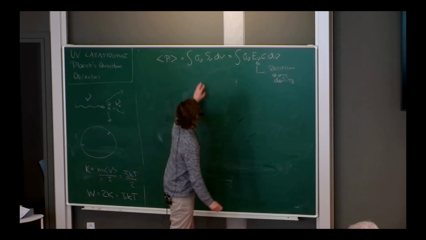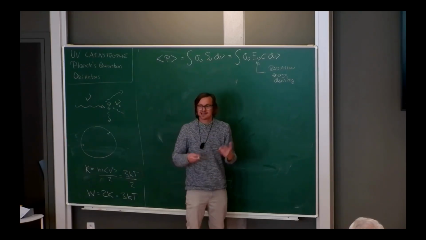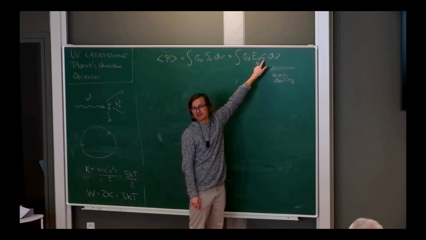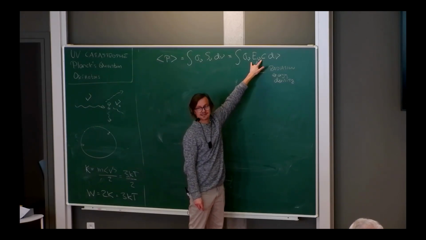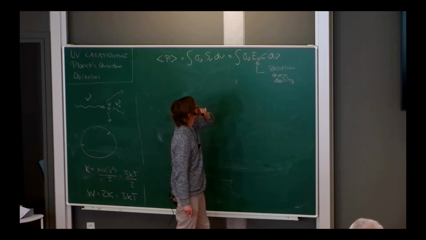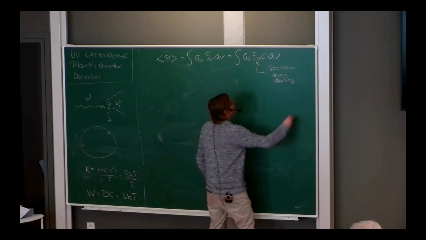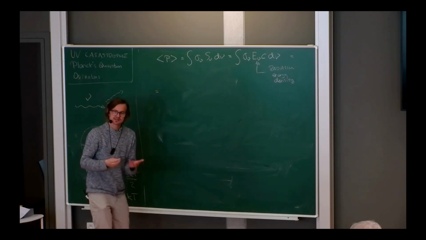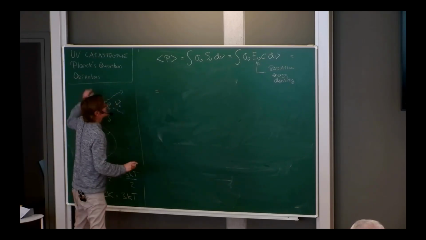Okay? Remember we did this, that the flux in this vacuum limit was just the energy density times the speed of light. So we have this integral here, right? But in this case, the resonance we were thinking about involves classical oscillators.